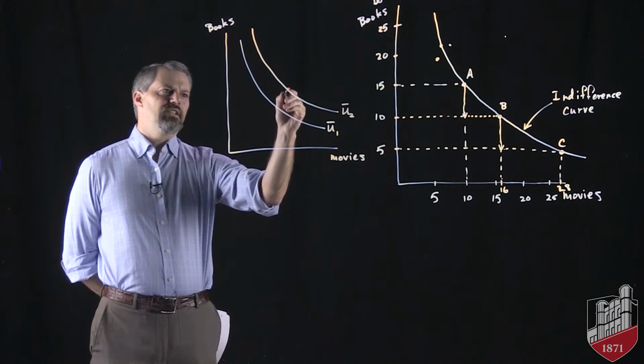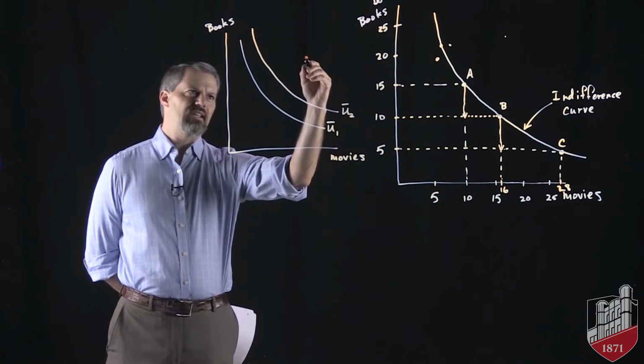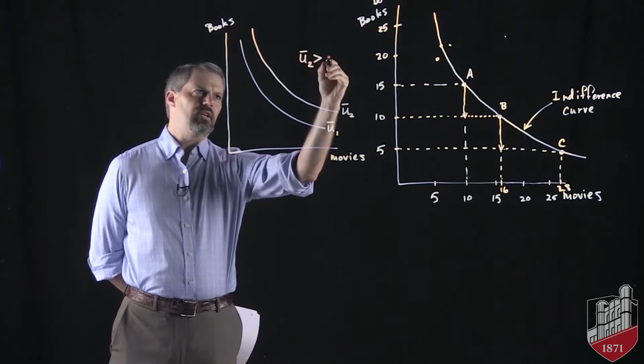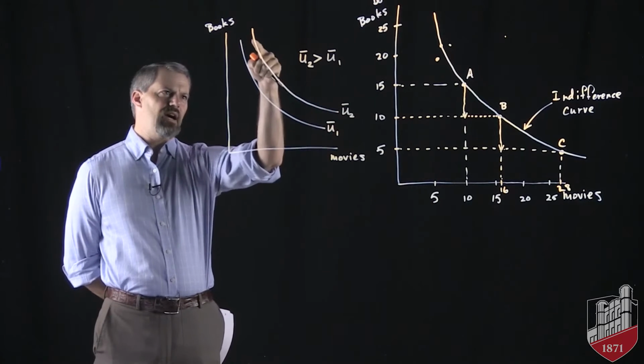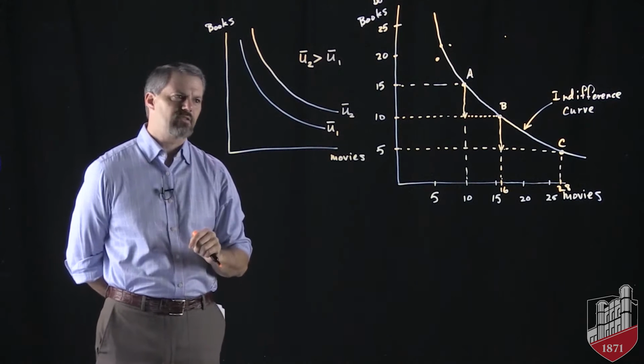This indifference curve would correspond to a higher level of utility. So we would say that U bar 2 is greater than U bar 1. The utility represented by this indifference curve is higher than the utility represented by this indifference curve.